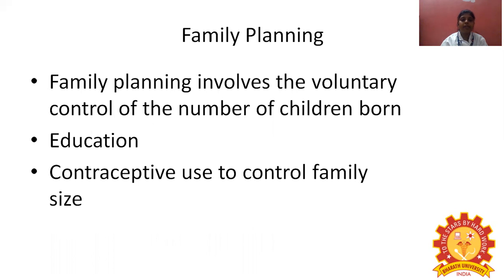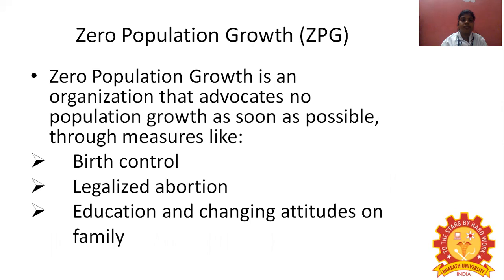Next, family planning. It involves the voluntary control of the number of children born, and also education, and also contraceptive use to control family size. Next, zero population growth, that is ZPG.